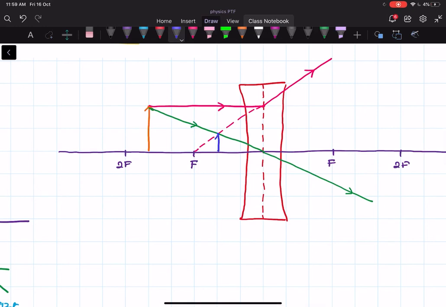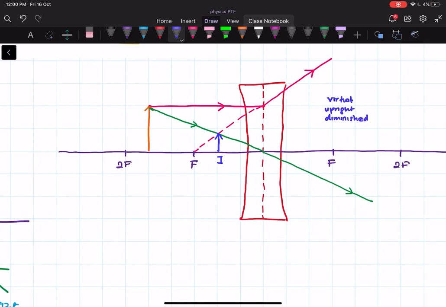This is where the image is being formed. Jadi apa ciri image dia? The image is formed in front of the lens. So we know anything forming in front of the lens is going to be a virtual image. It's a virtual image. Next, if you compare the size, it becomes smaller. So it becomes diminished. Okay, diminished. And the last one here, it's going to be upright. Dia tegak ya, so upright image.